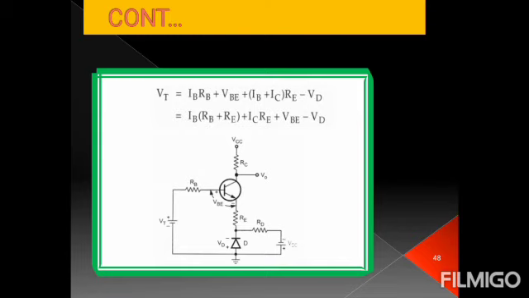But the diode is connected in the negative side. So the increase in the VBE causes the same increase in the VD but in the negative direction, so this is compensated and we keep IC constant despite the change in temperature which causes change in the VBE.